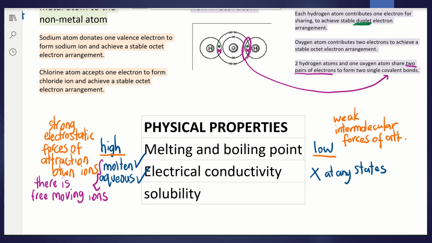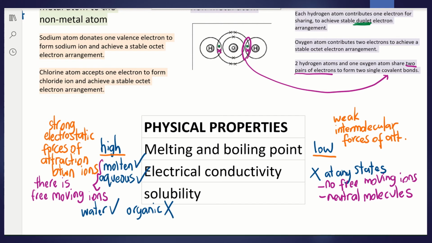This is because covalent compounds do not have free-moving ions, and covalent compounds are neutral molecules. In terms of solubility, ionic compound is soluble in water but insoluble in organic solvent.